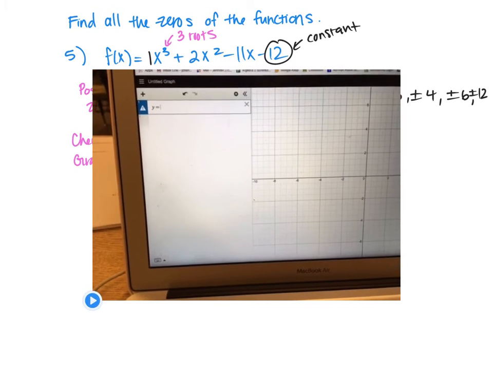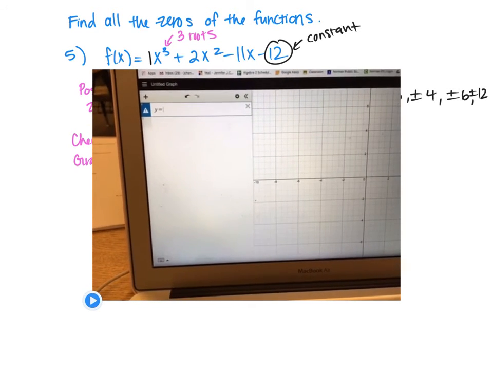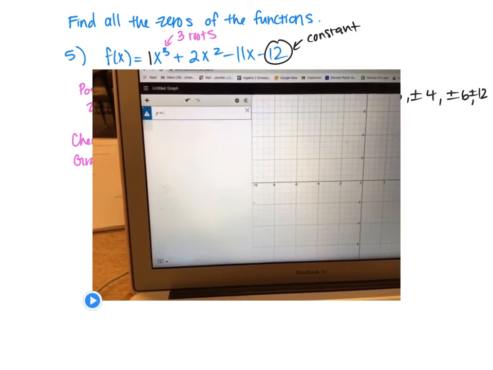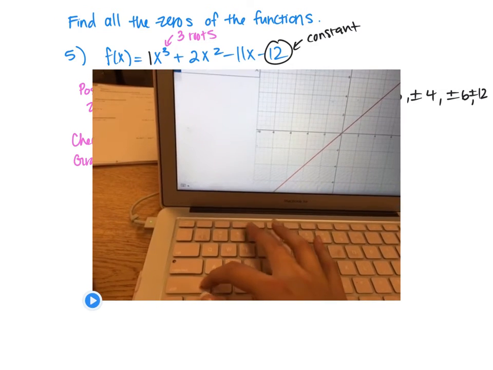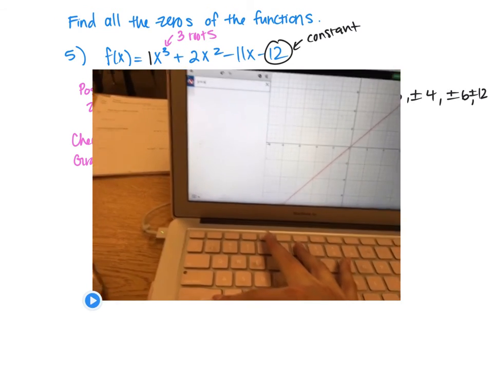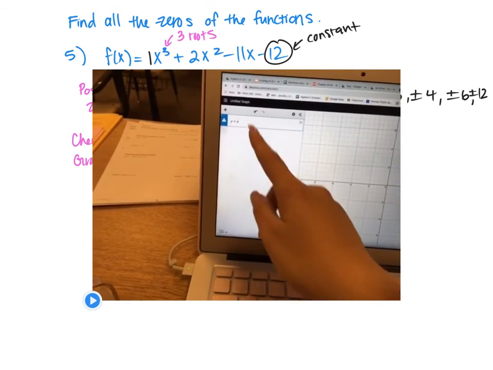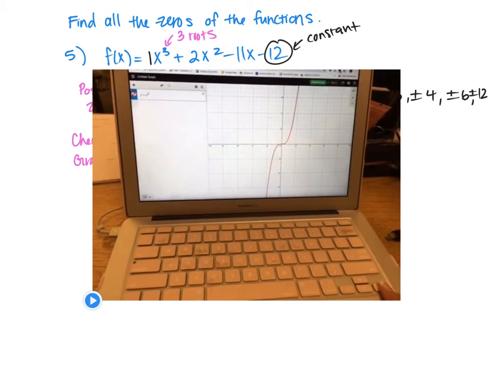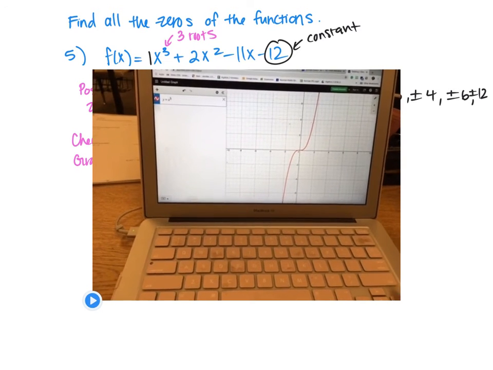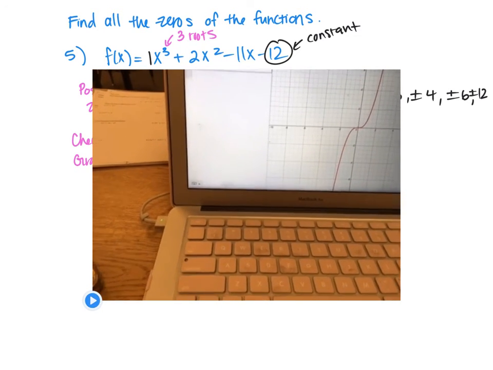And then I'm going to do x to the 3rd power, because that's the equation. So x, and I need the power, so I'm going to do shift, and this is 6. That gives me that exponent, so I'm going to put in 3. And then I'm going to use my arrow keys to come down. And this says plus.